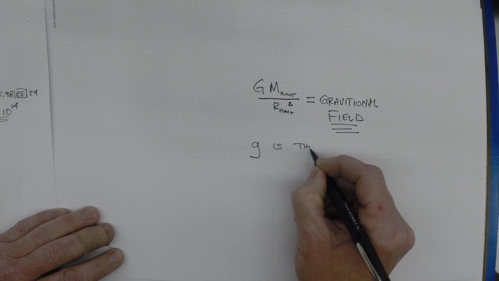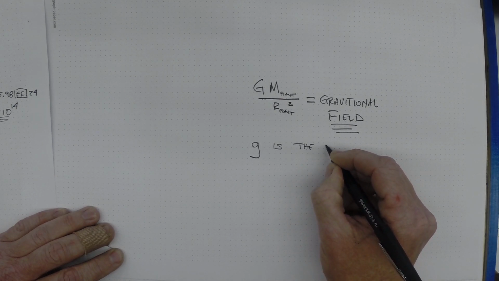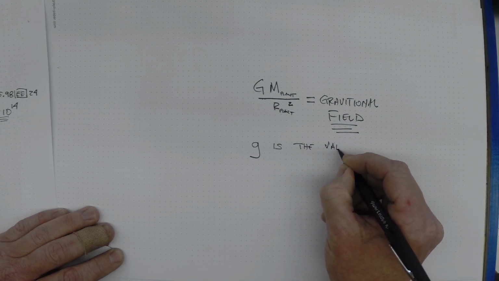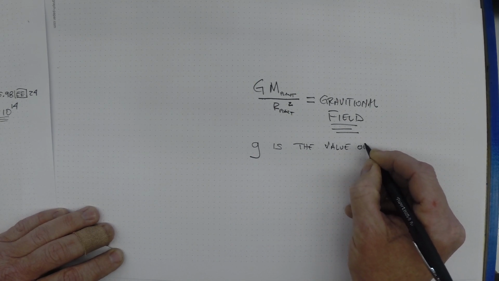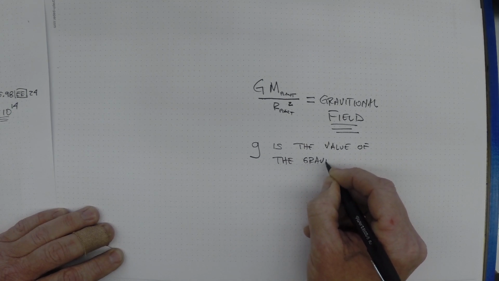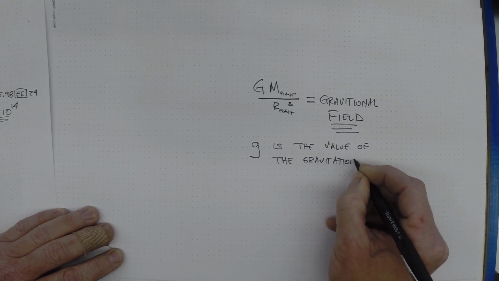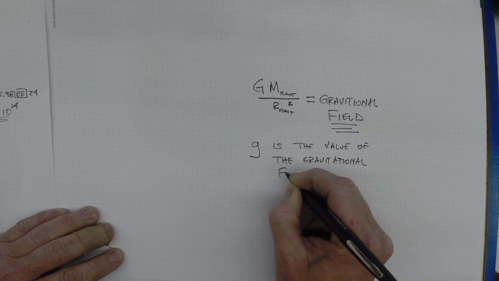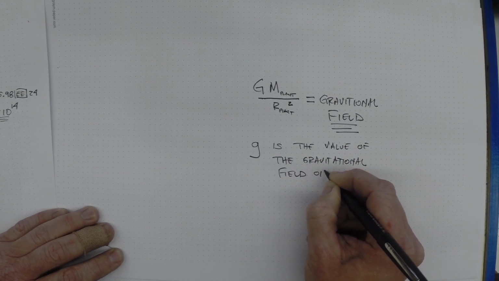another whole way of looking at G is the value for the gravitational field on Earth's surface.